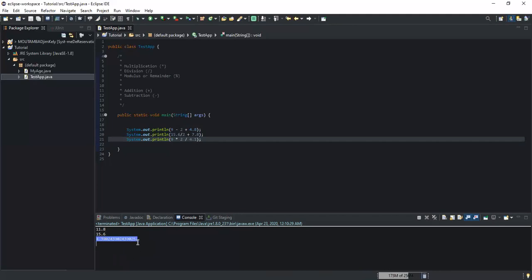But when it comes to evaluating an operation where one operand is an integer and the other one is a floating point number, the integer is definitely treated temporarily as a floating point number, and then the result of that operation is going to be of a floating point data type.